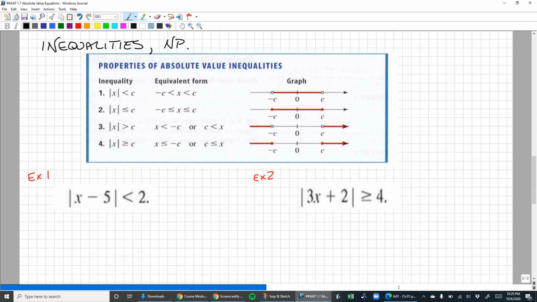Now we can take this over to inequalities. No problem. I want you guys to see the inequality chart that we have here. And notice that if an absolute value, when you solve it for the absolute value, is less than a value or less than or equal to a value, we're dealing with a graph that looks like this.